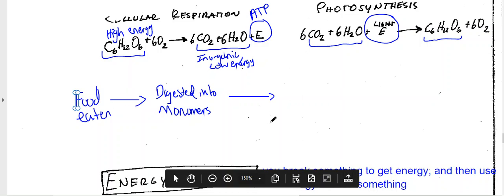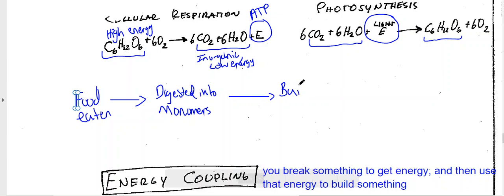And then once you've digested those monomers and they're distributed throughout your bloodstream to your cells, your cells have to build molecules. So then you construct, then you build things like proteins, lipids, nucleic acids, right? This is anabolism.